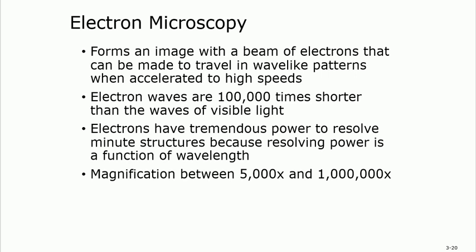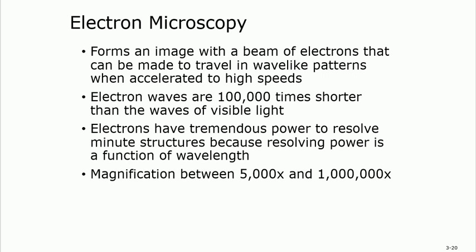The more advanced microscope is the electron microscope. So remember, the first one we used a light source, right? The second one we used ultraviolet. This one you're using electrons. And electrons have a short wavelength, and they are very accelerated. It's 100,000 times shorter.